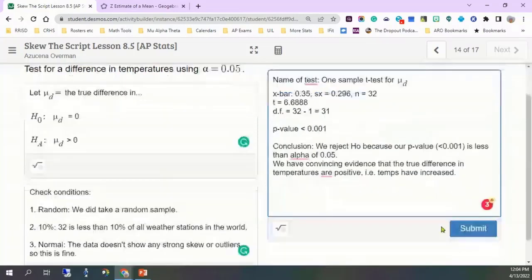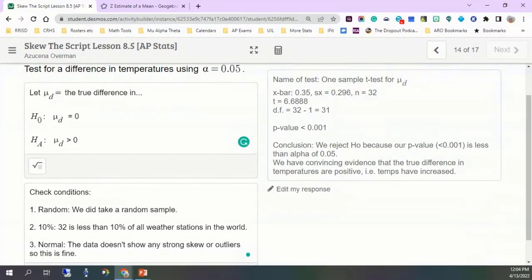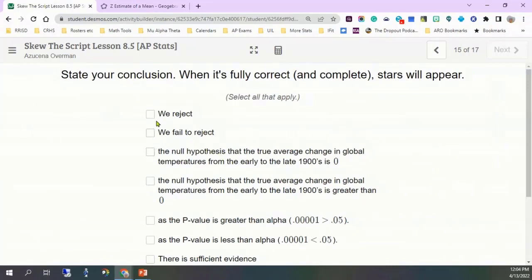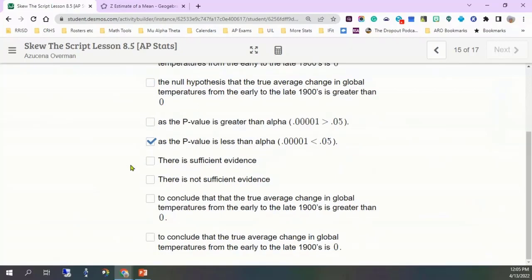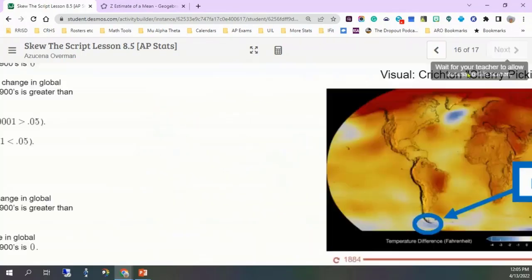Okay. So submit that. Almost done. So we reject the null hypothesis that the true average in global temperatures has changed. Since our p-value is less than 0.05, there is sufficient evidence to conclude that our temperatures are greater. All right. So that's how we construct it.